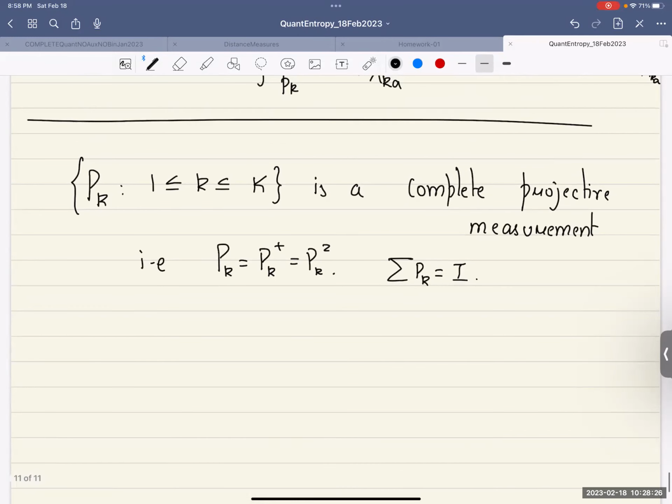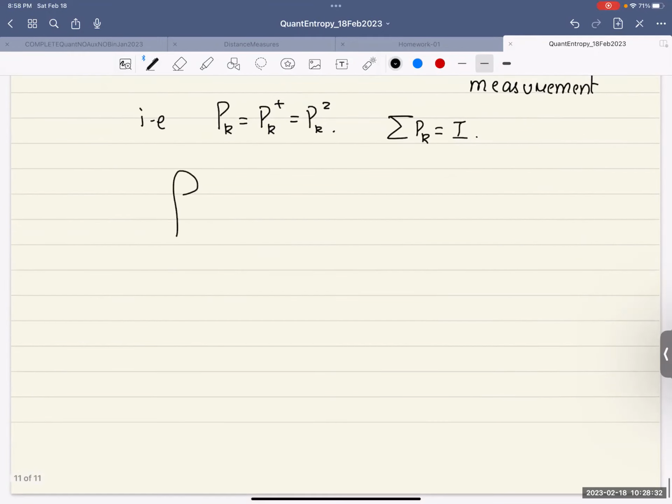So suppose you make a measurement on rho. You make this measurement on rho and you don't tell us the outcome. What is the post measurement state?